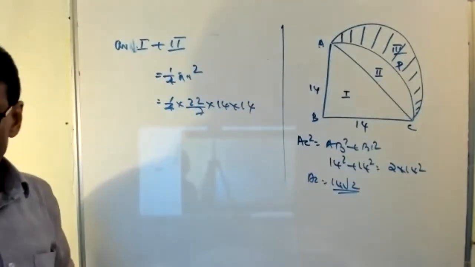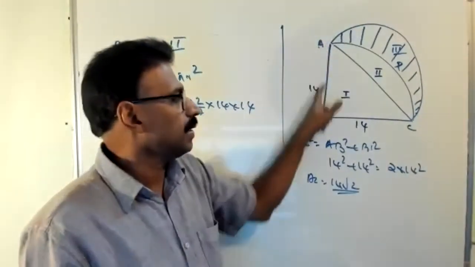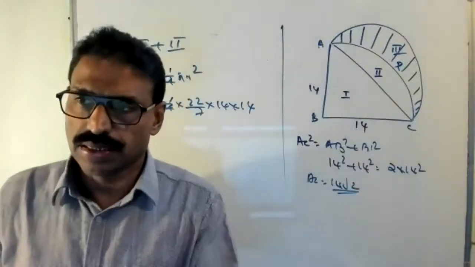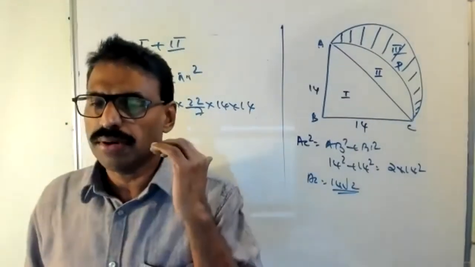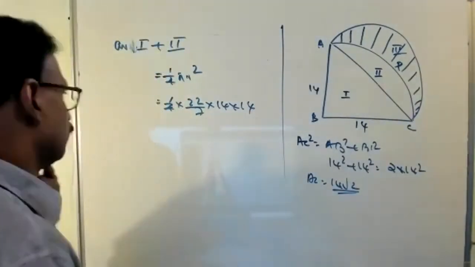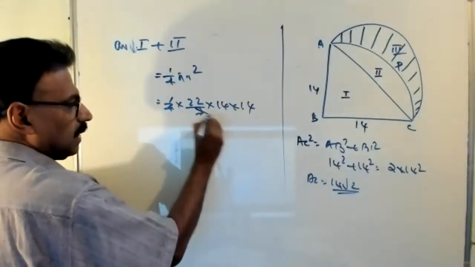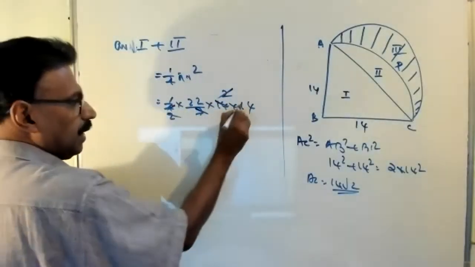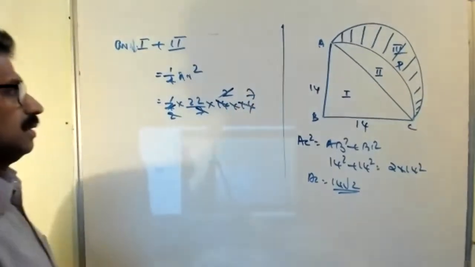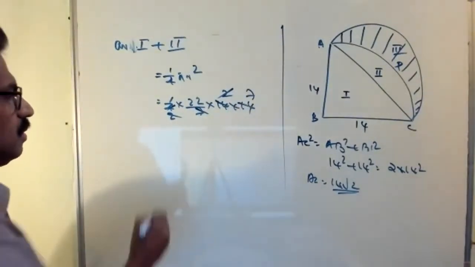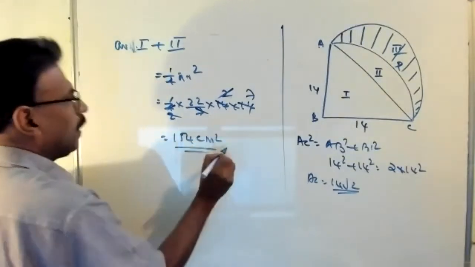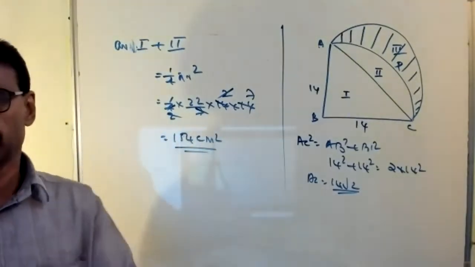Seven cancels 2, 2 cancels again 2. 22 into 7 is 154 centimeter square. Part 1 and 2 is 154 centimeter square.